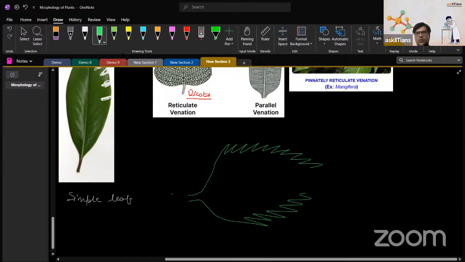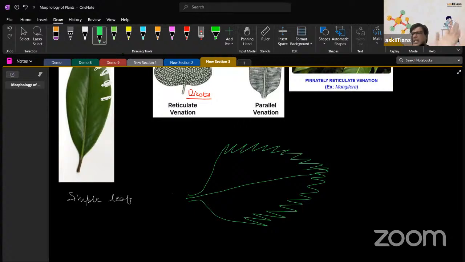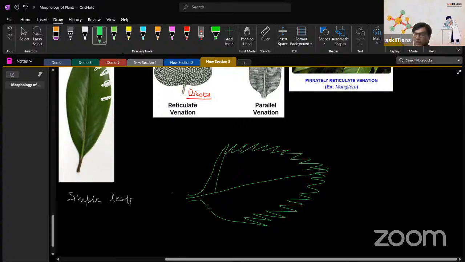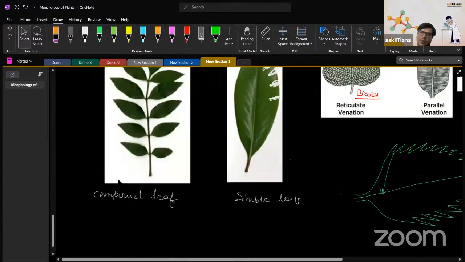So usually a simple leaf can have incisions up to any depth, it doesn't matter, but not down to the midrib. It means that these cuts cannot go this deep. If they go this deep, it becomes a compound leaf, as you can see right here. This is what a compound leaf structure looks like.